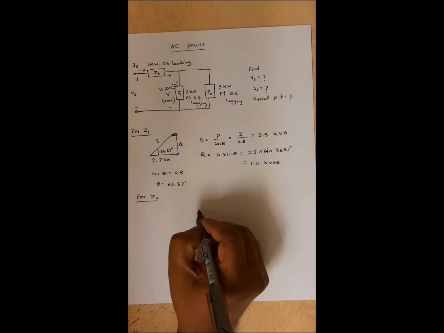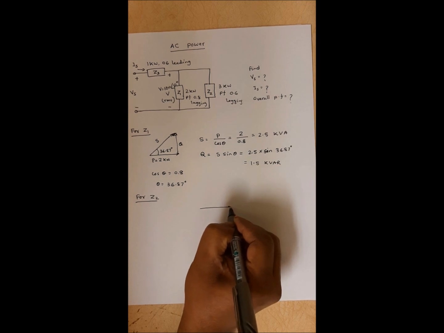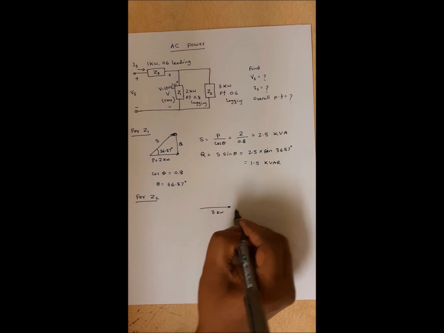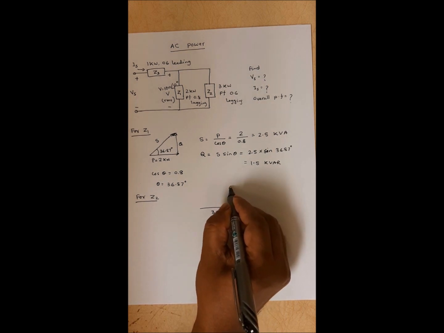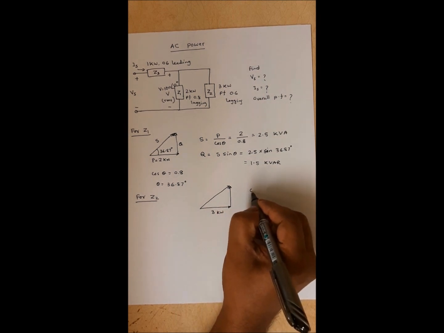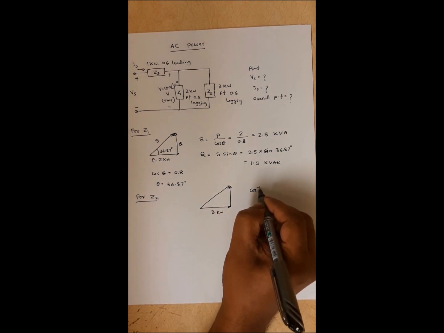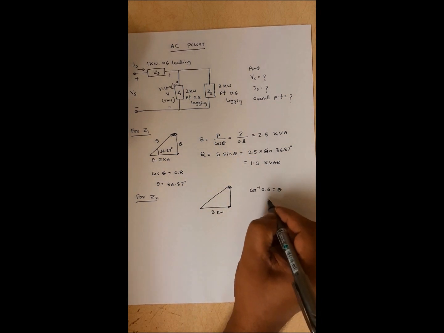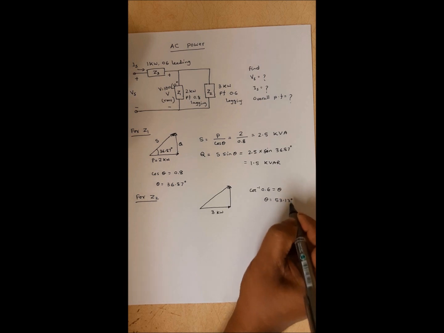if you draw the power triangle, you'll see this is 3 kilowatt and the angle is cosine inverse 0.6. So theta equals 53.13 degrees.